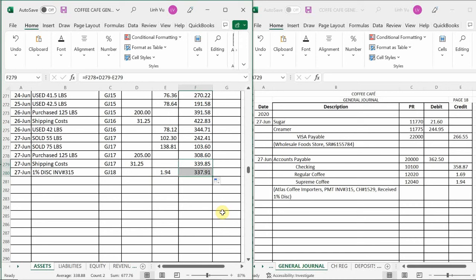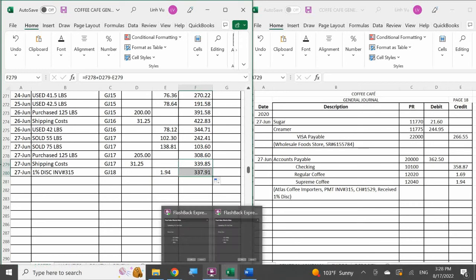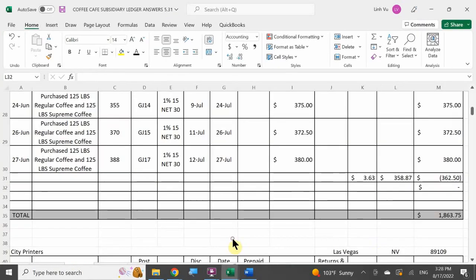Okay, now we need to put that into inventory as well, or we won't balance. Well, next time. All right, first let's do the subsidiary ledger. Let's finish this because we've left it halfway. Okay, yeah, okay, so we come back there.